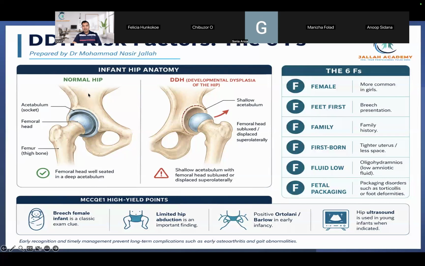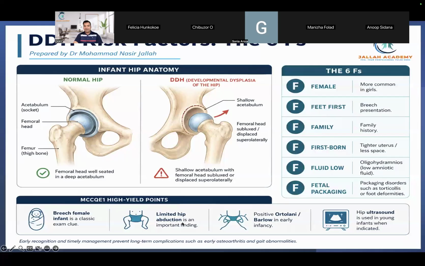Okay, so this is a normal hip, and this is the developmental dysplasia. Shallow acetabulum, femoral head subluxated, displaced superiorly and laterally. That's why it is abducted, not adducted. So a breech female infant is a classic exam clue. Usually they will mention this in the scenario.